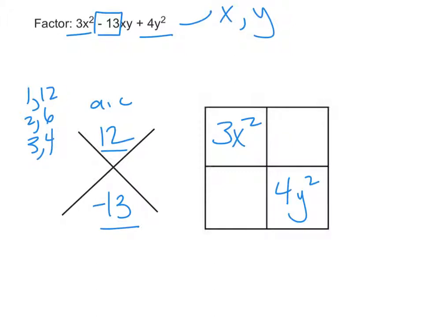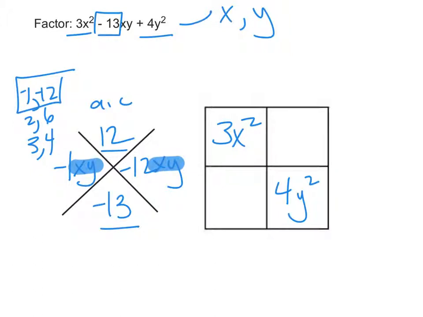And then looking at these, the only ones that are going to give us negative 13 will be negative 1 and negative 12 together. So those become our factors, and then remember that you have to put the variables x, y. So it's important that we do x, y in this part of the x.